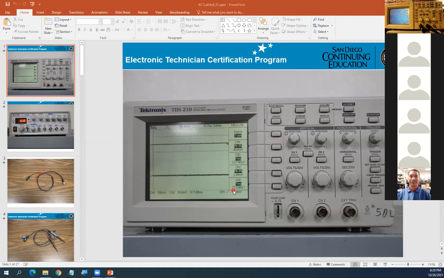Not like in the lab. In the lab, they try to train you to understand how to use both channels. But practically, in the company, you can get by with only one channel.